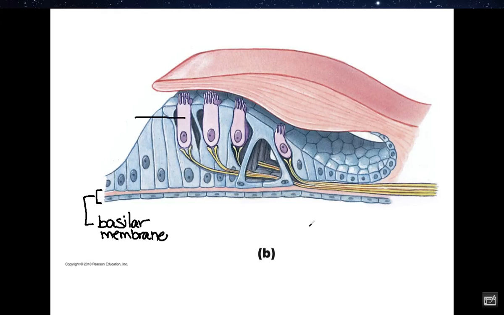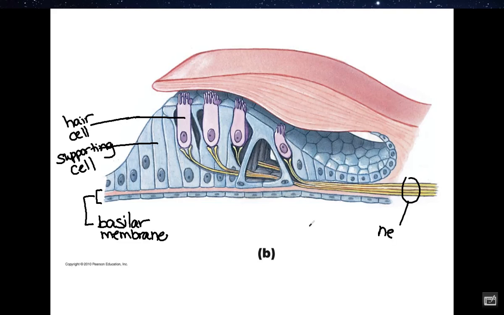You can see here that we have the hair cells, and the blue ones around them are their supporting cells. The yellow things leading away from the hair cells are the nerves, so they bundle together to form a nerve fiber. And laying over the top of the hair cells is the tectorial membrane.